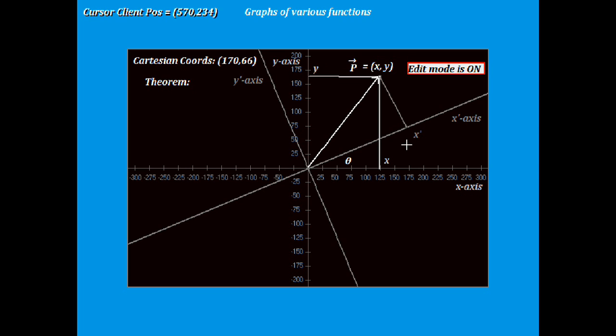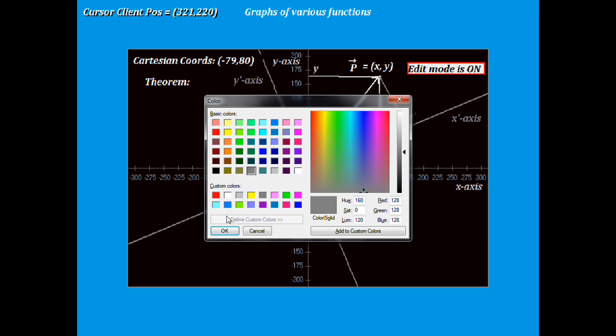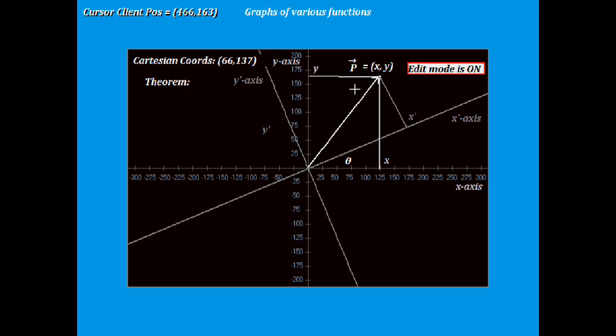Approximately here, x prime and y prime would be a position about here. We follow a line parallel to the x prime axis to about here. Then that's his y prime coordinate. You see? And the theorem states the following.